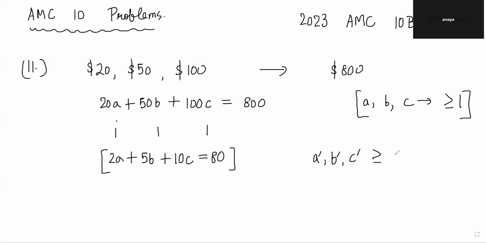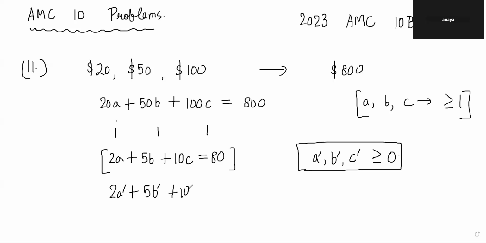These can be greater than or equal to 0. Do you understand what I'm saying right now? Yes. So the equation will become 2a dash plus 5b dash plus 10c dash is equal to, now it will not be 80, it will be 63, right? Yeah. Okay, fine.